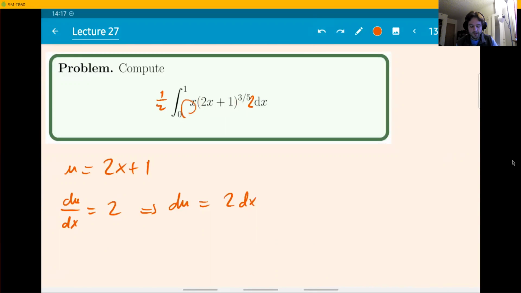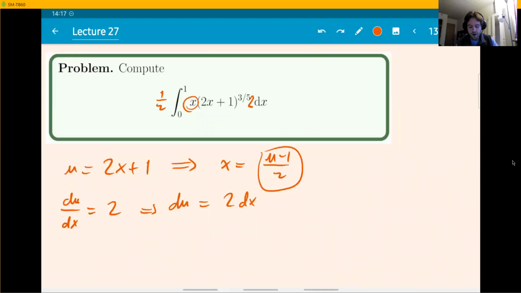But what about the x? What do we do with this x? This is once again one of those situations where you need to solve for x in terms of u so that you know what to replace it with. In this case, solving for x gives you u minus 1 over 2. You can replace this x by u minus 1 over 2.